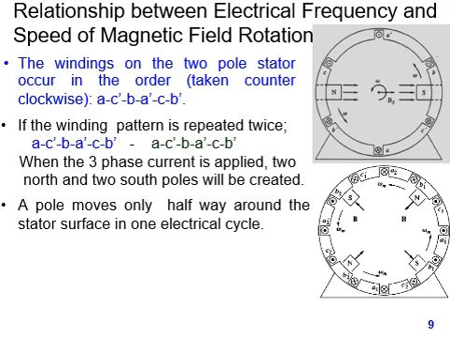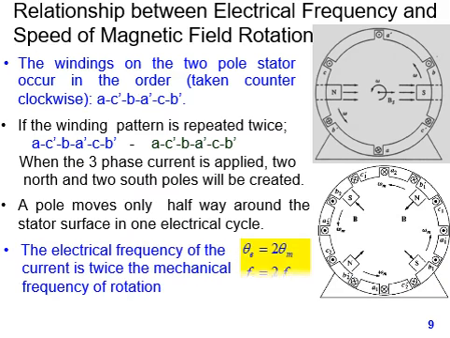When three-phase current is applied, two north and two south poles will be created because of the additional repetition of the winding pattern. So this is two north and two south poles in this case.